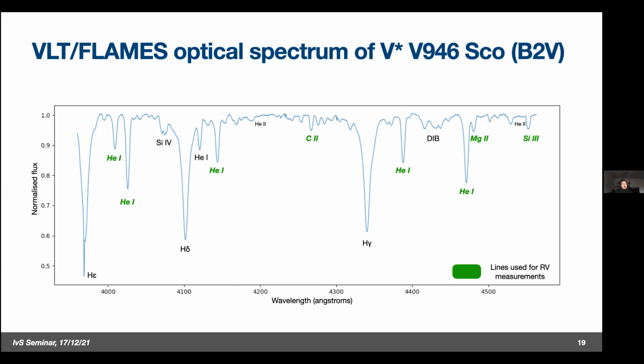In these cases, I don't tend to use them, because there is quite an obvious signature of pulsational activity in this line. Other than that, I don't really think there are many lines that are susceptible, or at least whenever I see line profile variations that are quite obvious, I don't include them in the radial velocity measurements.